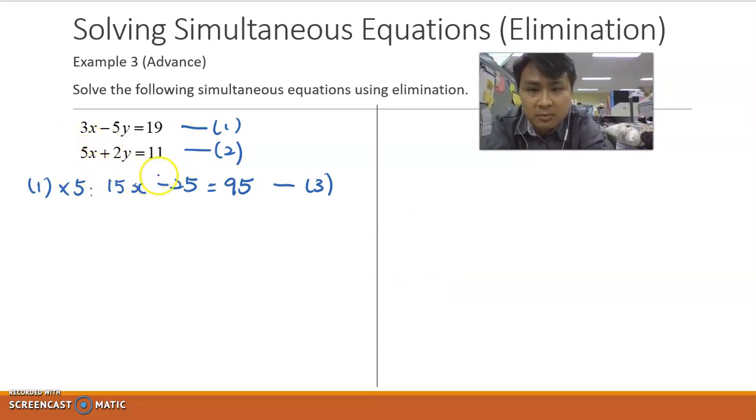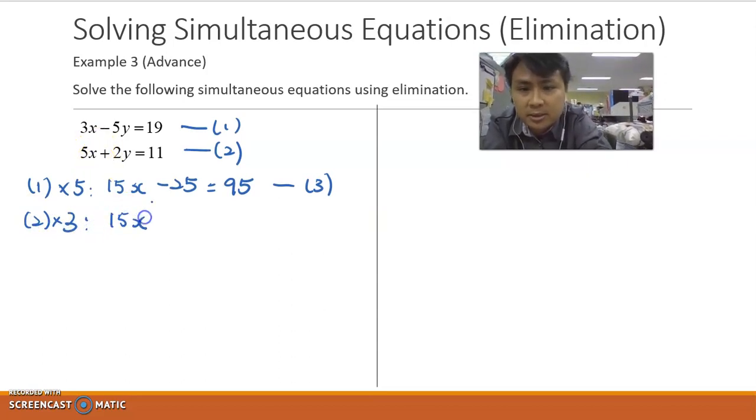I can do this by multiplying equation 2 by 3. So I'll take equation 2 multiplied by 3. So 5x will become 15x. 2y will become 6y. 11 will become 33. Am I clear on this?